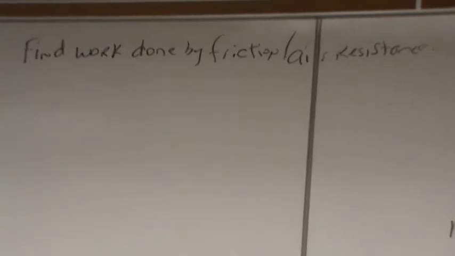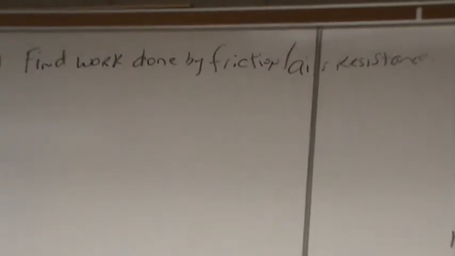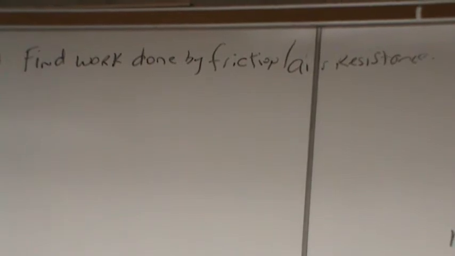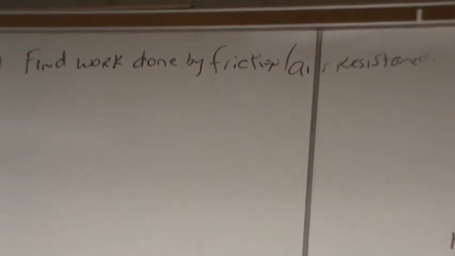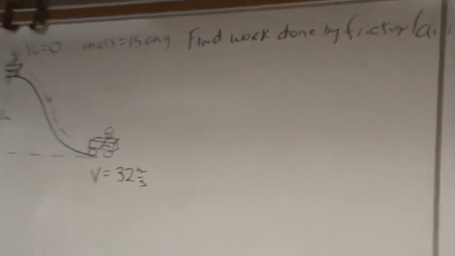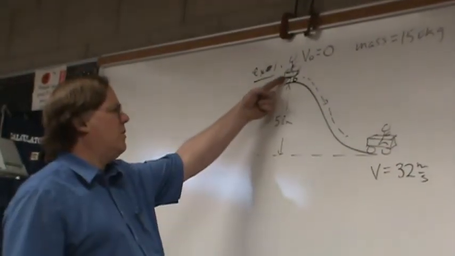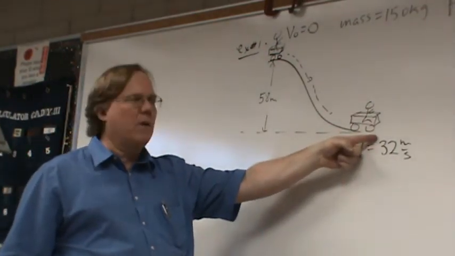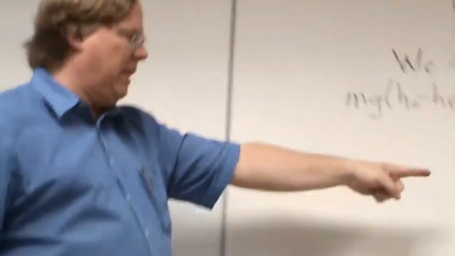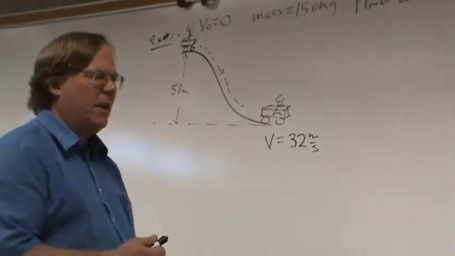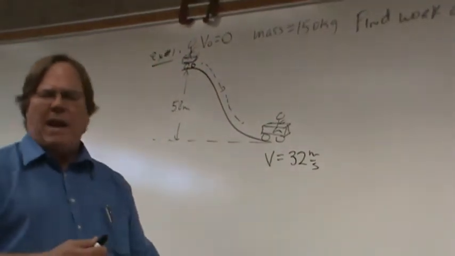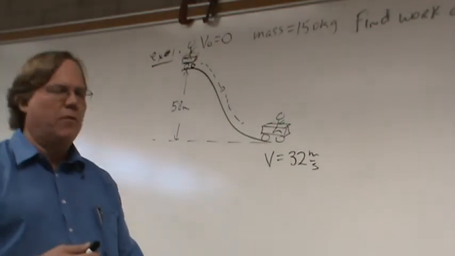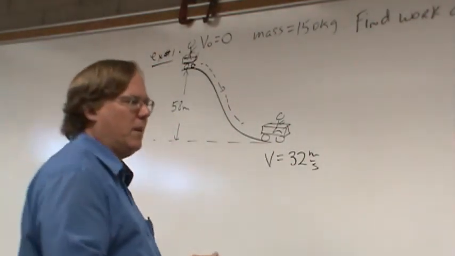Your clue that you're going to have to do a problem like this is that they gave you enough information to do all that F equals MA stuff, but it'd be a real big hassle. But they sure gave me the initial kinetic energy and the initial gravitational potential energy and the final kinetic energy and the final gravitational potential energy, and they're specifically asking for the work done by non-conservative forces. Sight unseen, if they ask you for the work done by the non-conservative force, definitely you're going to consider using that formula. So here it comes.